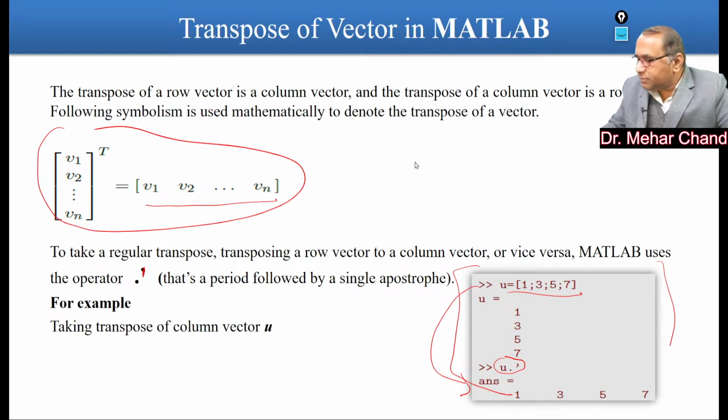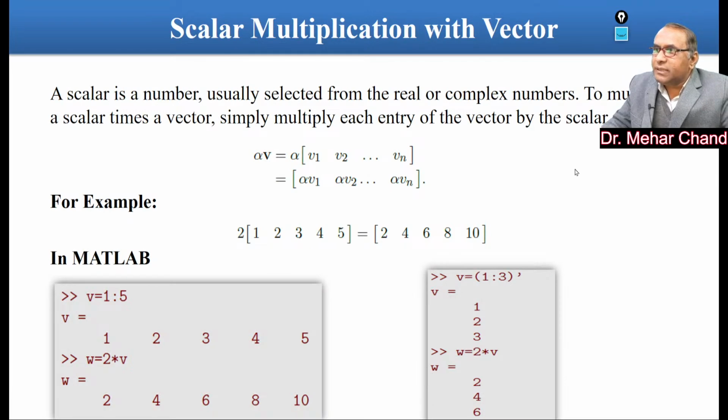the presentation. Here is scalar multiplication with a vector. A scalar is a number usually selected from the real or complex numbers. To multiply a scalar times a vector, simply multiply each entry of the vector by the scalar.